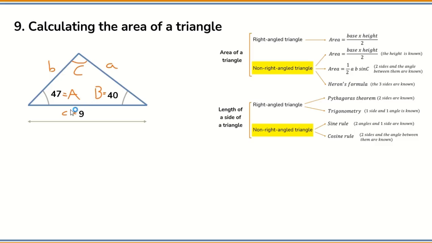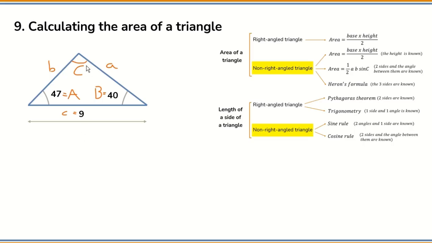The three letters are involved, A, B, and C. And to be able to use the sine rule, only two of the letters can be involved. We cannot use cosine rule because we don't know two sides and the angle between them.